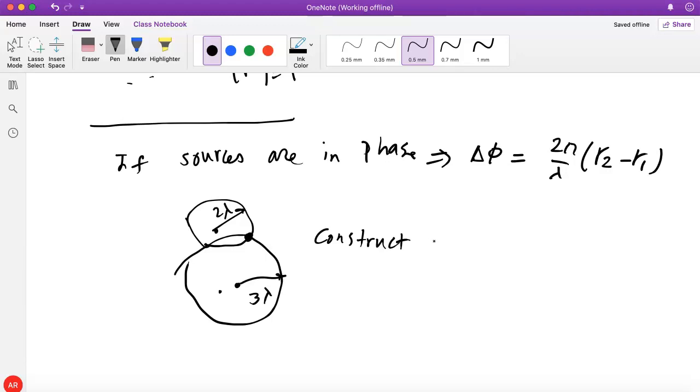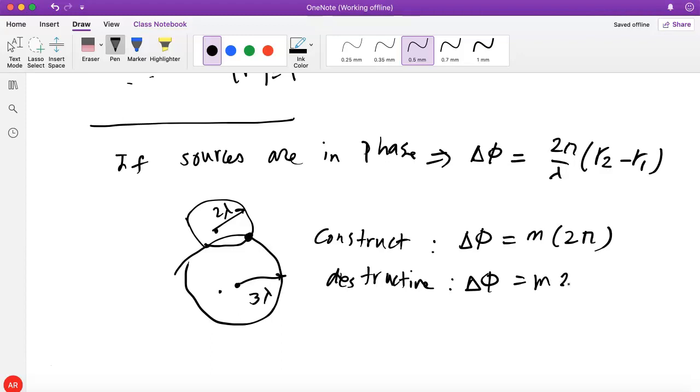Maximum constructive interference has a phase difference that's an integer multiple of 2 pi, and destructive interference is the case where they're out of phase, which gives an integer multiple of 2 pi, which doesn't do anything, plus pi.